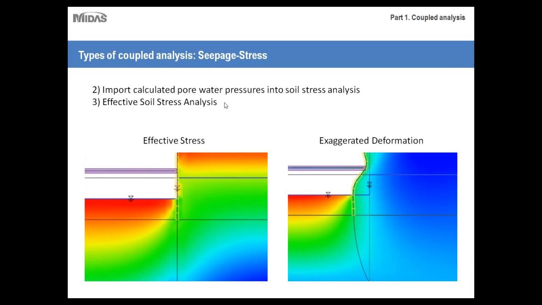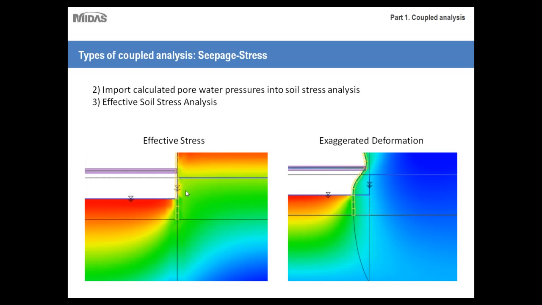Then afterwards, those pore water pressures are imported directly into your soil stress analysis, which in turn would help you to analyze not only your regular stress but your effective stress, which is most important because when the embankment has water on both sides, depending on the permeability of your soil and other factors, that could affect the stability of your retaining wall, and you would have to design accordingly.